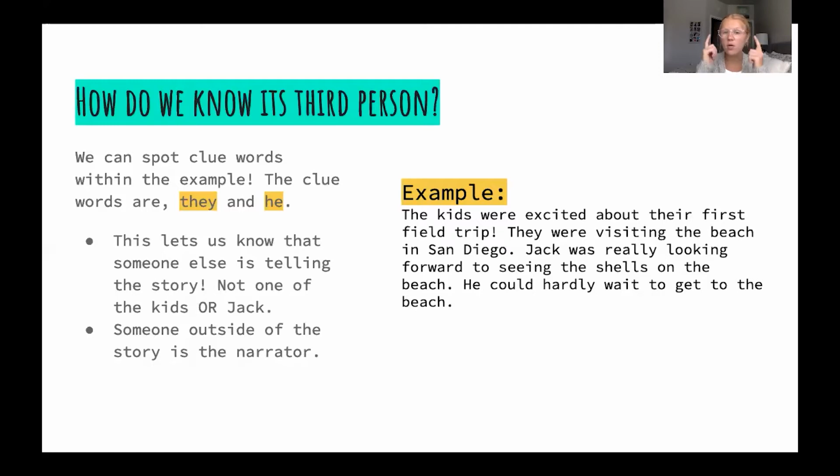This lets us know as readers that one of the kids is not telling the story. It's somebody on the outside telling the story. And again, someone on the outside of the story is our narrator for this story. Great way to identify that was through identifying our clue words.